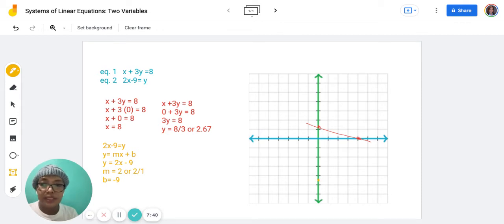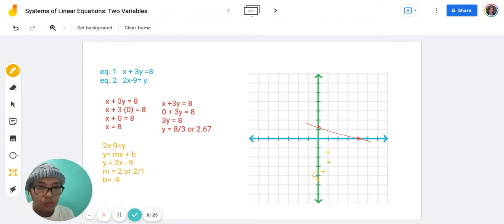And the movement will be positive 2 up and 1 to the right. Our grid is by 2 units. So 1, 2, up, then 1. So somewhere here is your first point. Then again, 1, 2, then here, this is your second point.